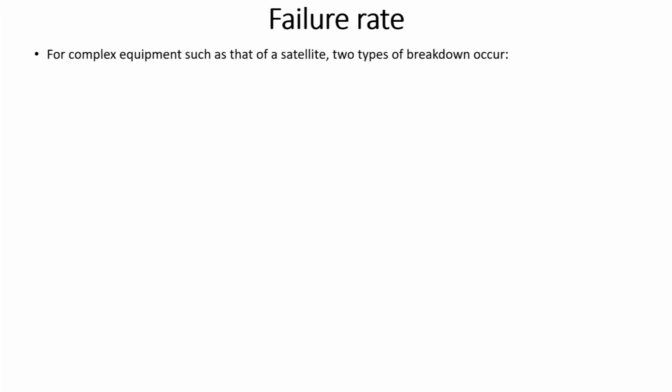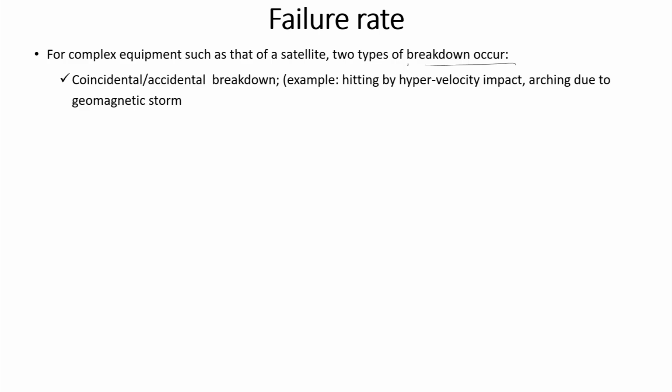So, for failure rate, we have already found an expression for the failure rate or hazard rate. This is related to two types of breakdown or failure that can happen. We will consider here the system related to the spacecraft. It can be a coincidental or accidental breakdown.